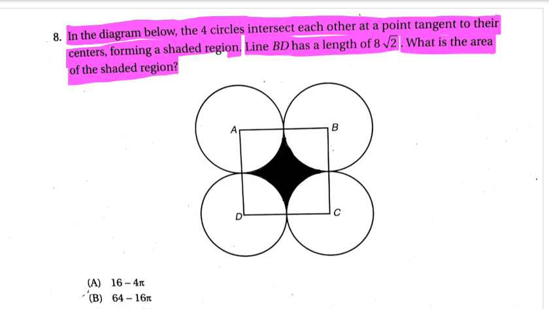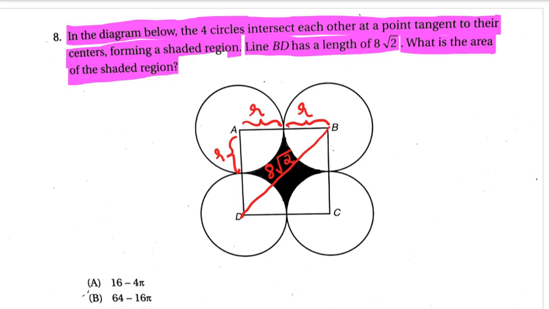Very simple. The line BD, okay, let's draw the line BD. What is the value of BD? It is 8 root 2. Now look at this. These are all small radii. These are all radii, right?